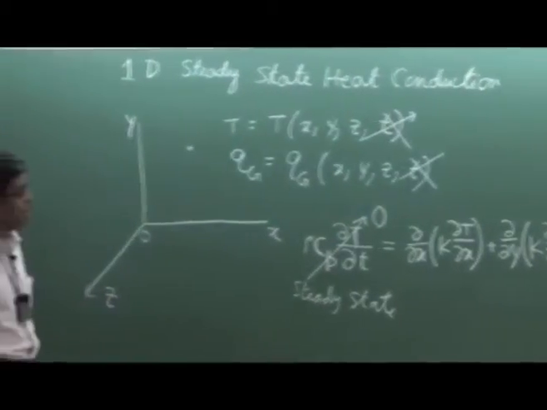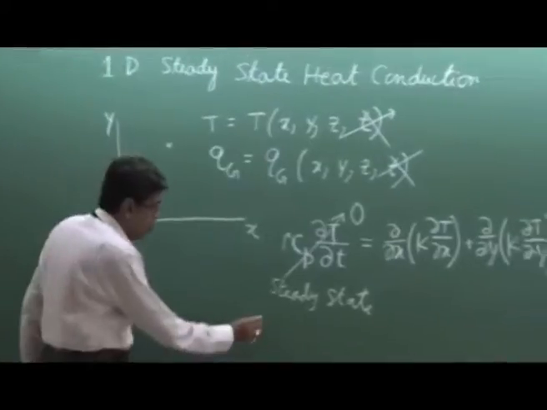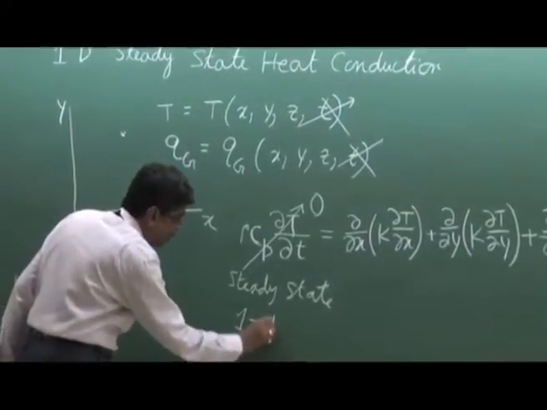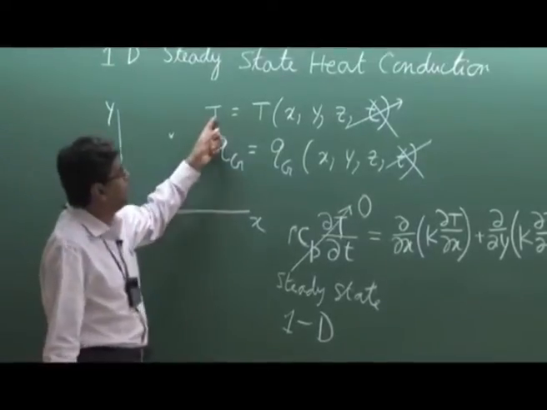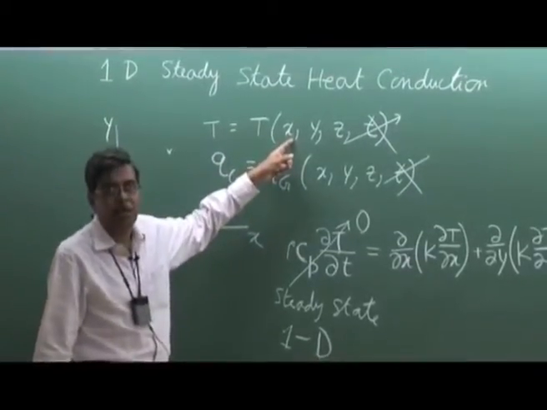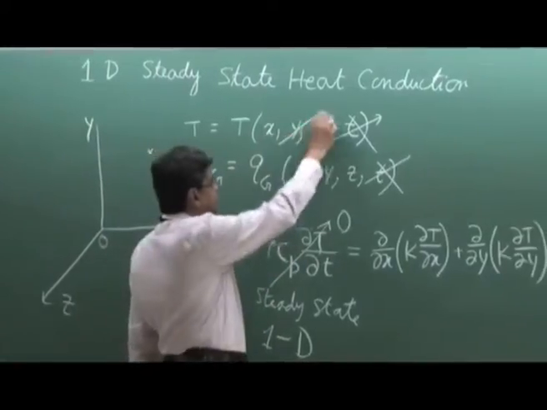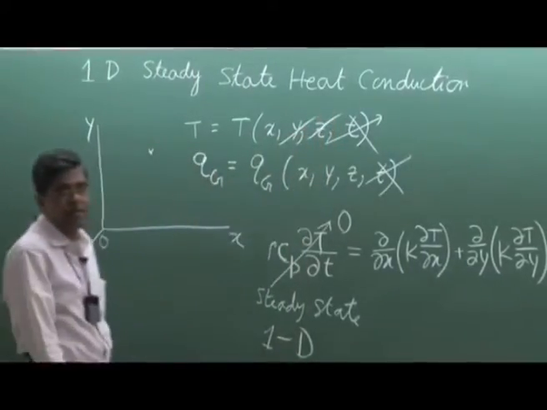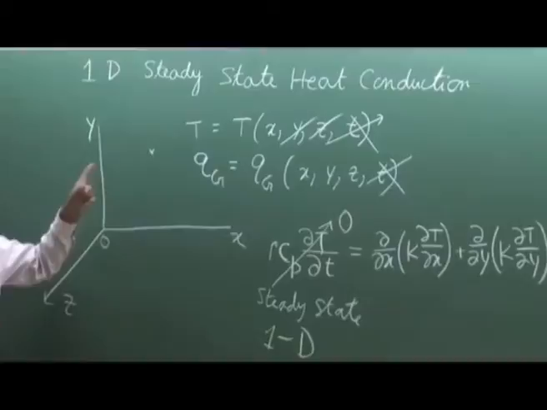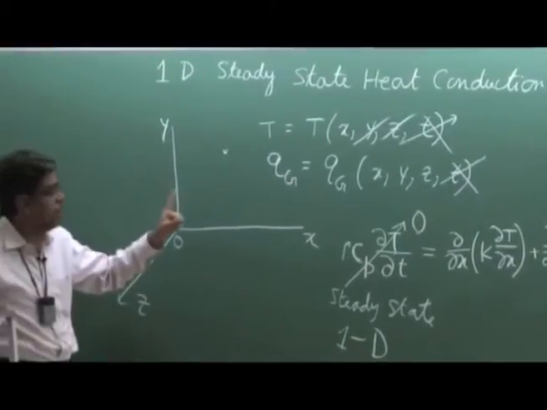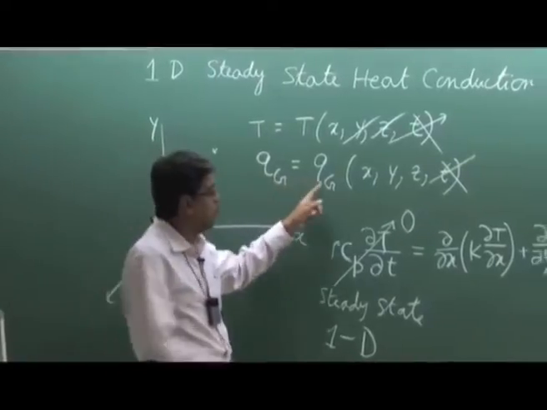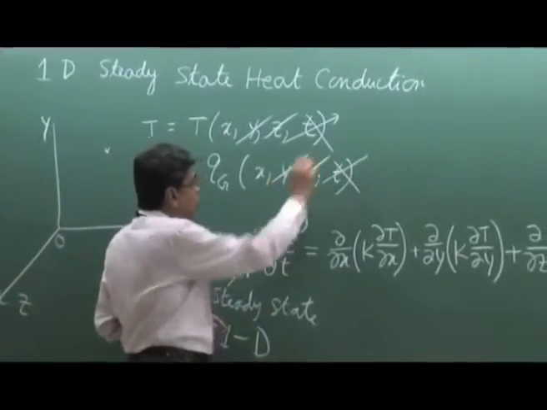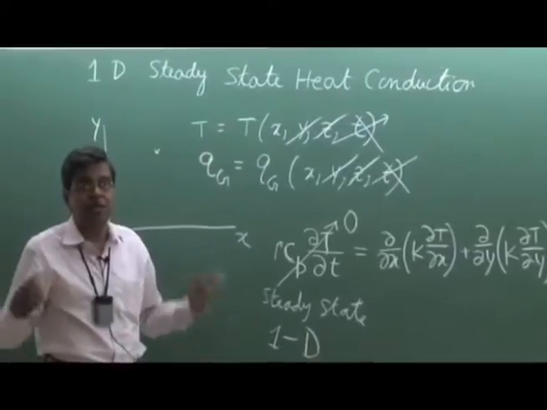Now if we further assume that it is one dimensional, that means if we consider that temperature is a function of x only, that means this dependence I cut. Similarly, if it has to be a one dimensional problem of heat conduction, this generation of thermal energy has to be a function of x only, or sometimes it may be constant.